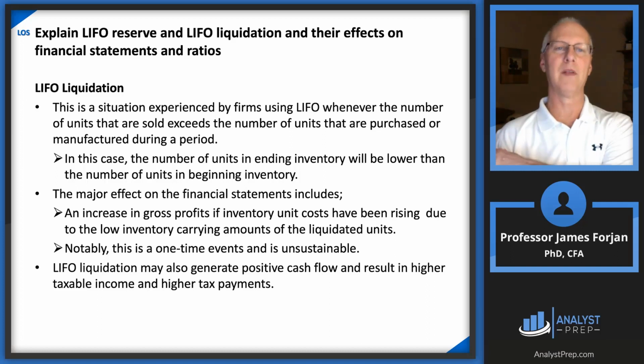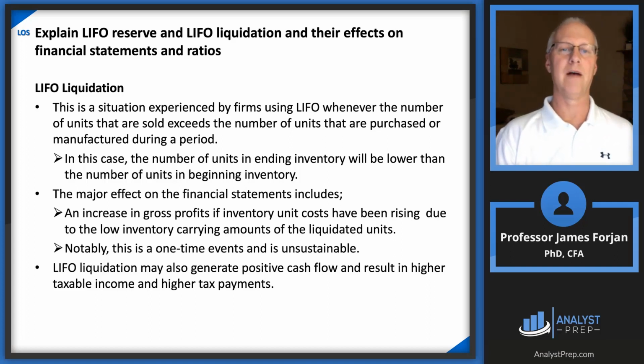And so think about this LIFO liquidation as just kind of wiping out an entire layer, which of course during rising prices are going to have a higher input price, a higher cost of goods sold, right? And then you go back to the earlier ones that have the lower cost.